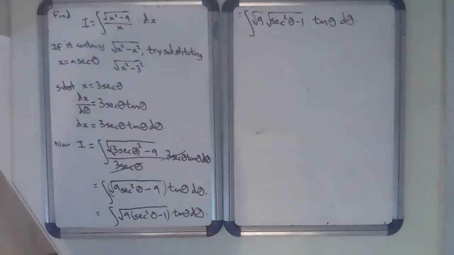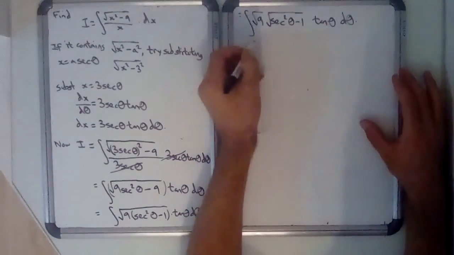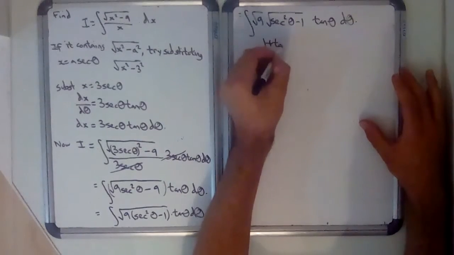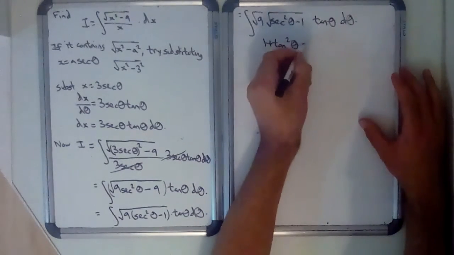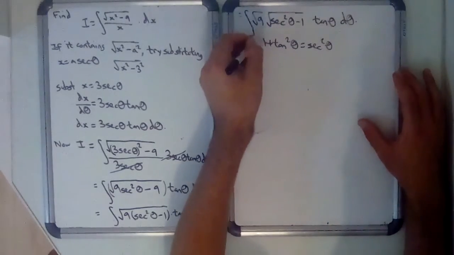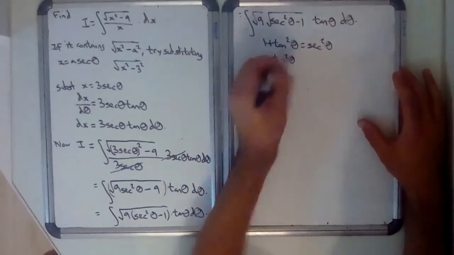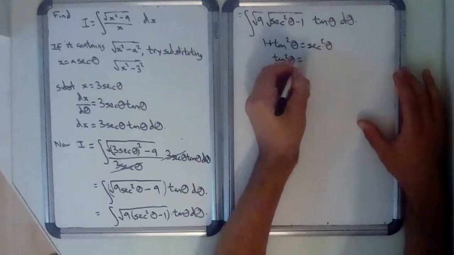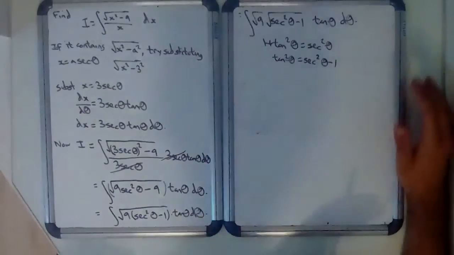Now I'm going to take you back to the formula book. If you look at the trig identities, the Pythagorean identities, one of them says that 1 plus tan squared theta equals sec squared theta. A simple rearrangement says that tan squared theta equals sec squared theta minus 1. This is quite handy.